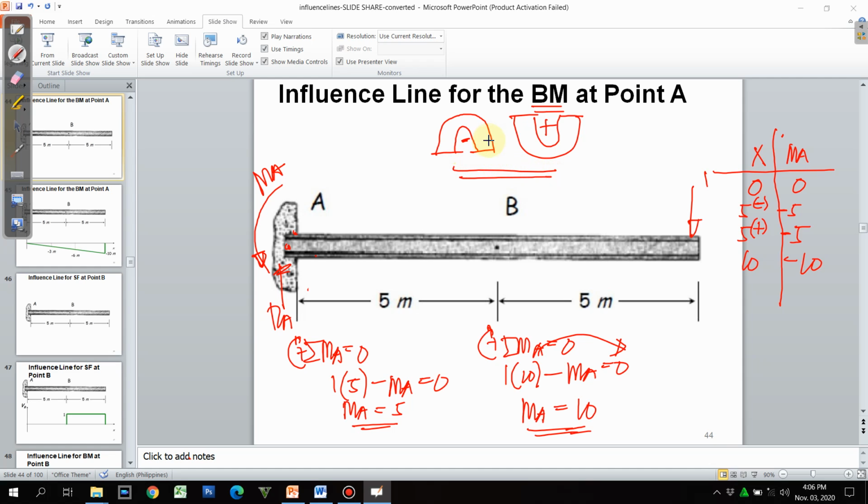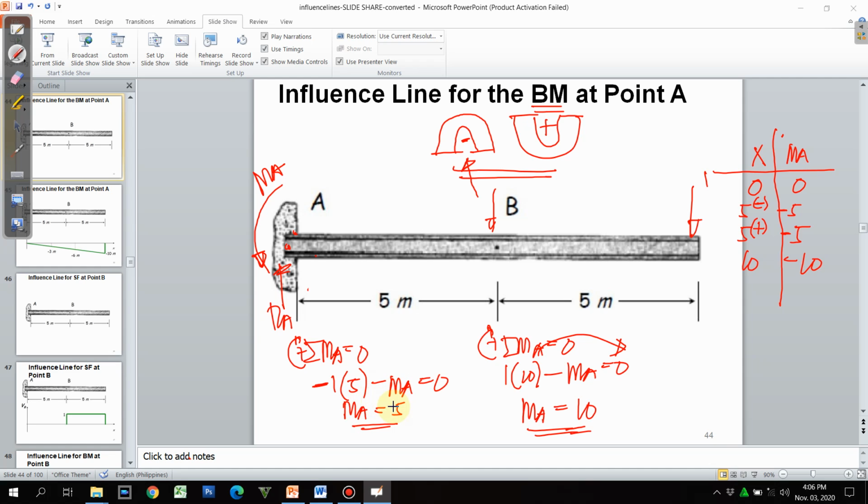So if this is adapted, the effect is your downward force here would tend to have a concaving downwards, that should be negative, and your MA as well is also negative.